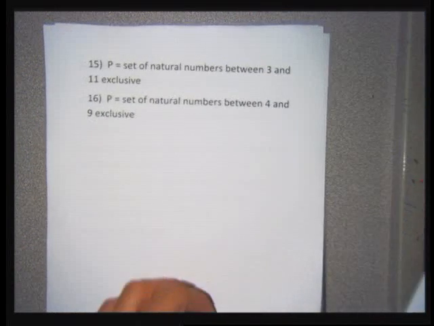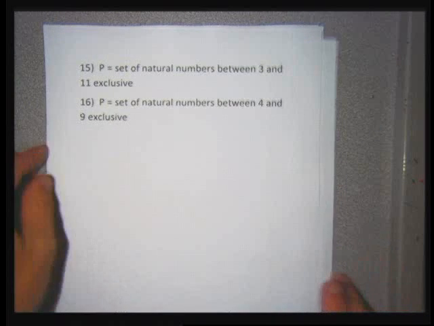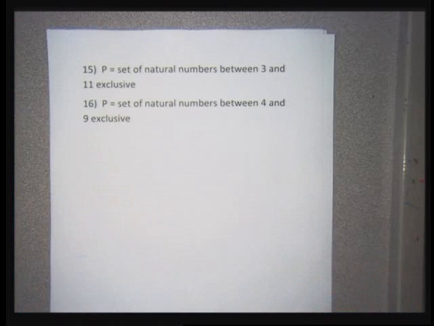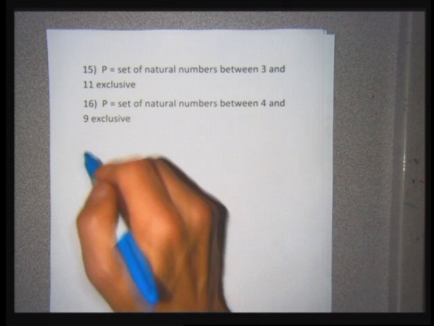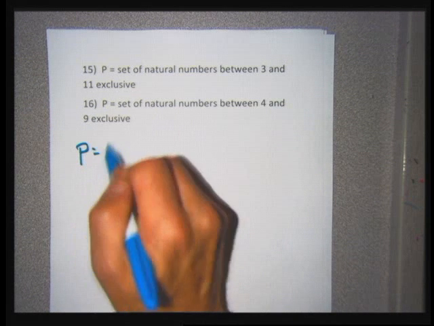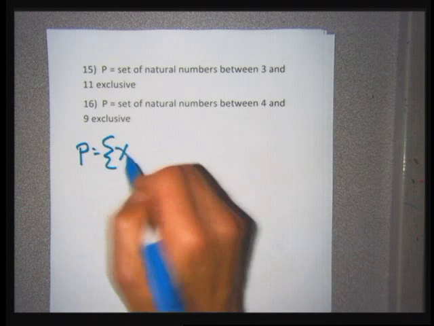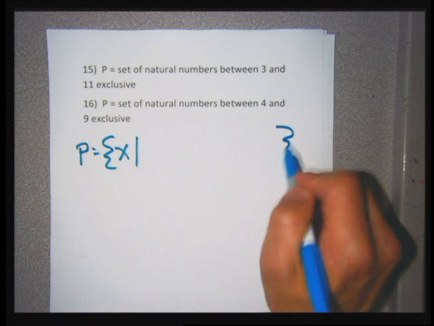15 and 16, I see the word exclusive. And when I see the word exclusive, that doesn't include the endpoints, so I'm going to not use the or equal to. So when I go to do 16, I'm going to write P equals the set of all X such that, set braces.